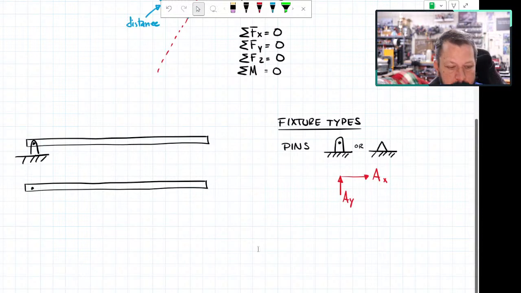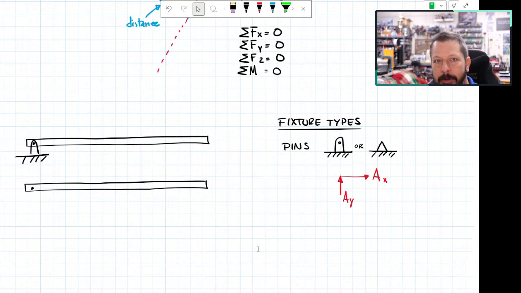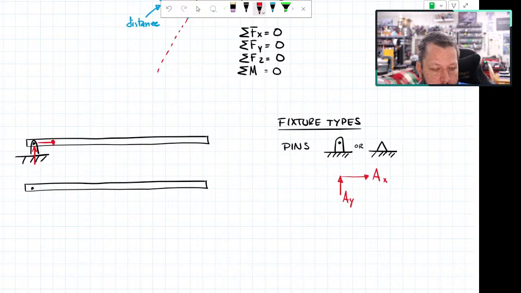I don't want to draw it on top of the actual drawing of the thing. I want to create the free body diagram by not drawing on top of the drawing. If I drew on top, like there's a reaction, there's a reaction, what that looks like, or what it could be interpreted as, is I've got a beam that has a pin and some other forces, when what I really mean is that pin is creating those forces.